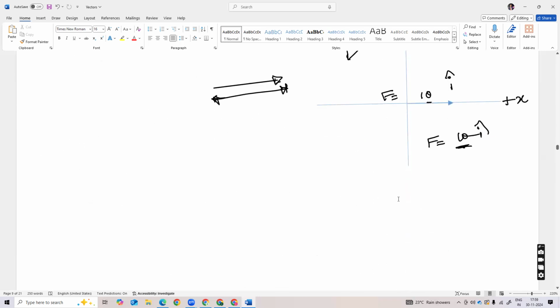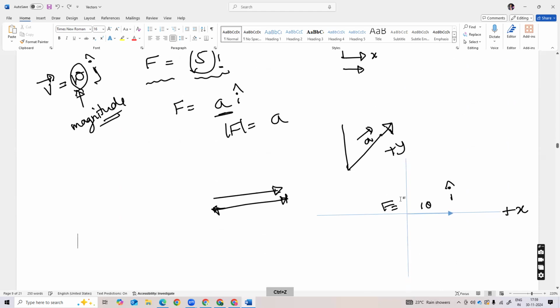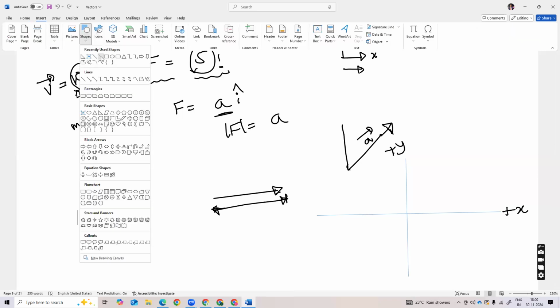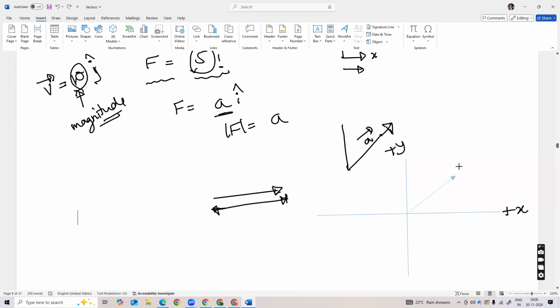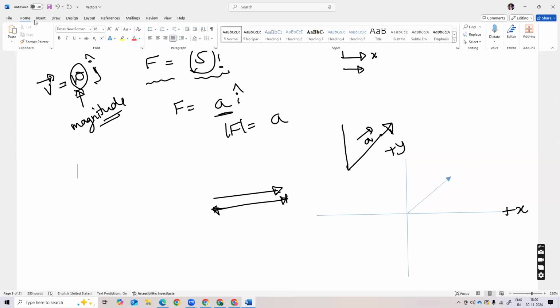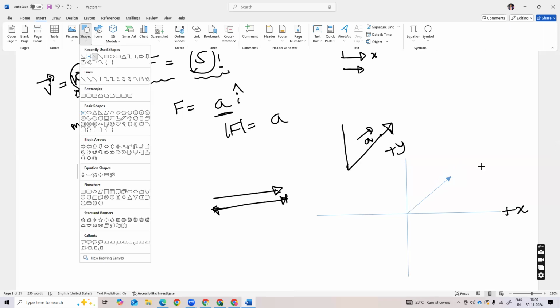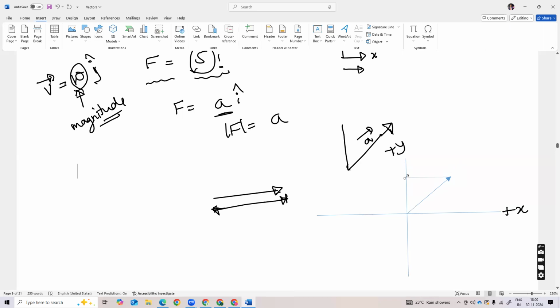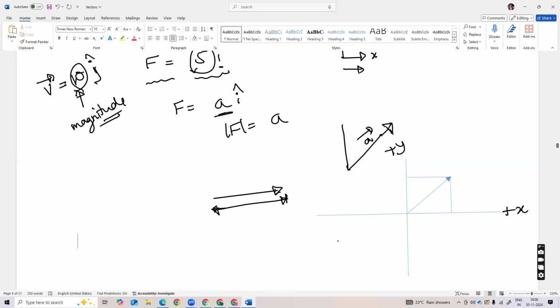Whereas if you see another case, now if you have a vector A, and let's say this is the component of A along the x-axis, this is the component of A along the y-axis, and this angle was theta.